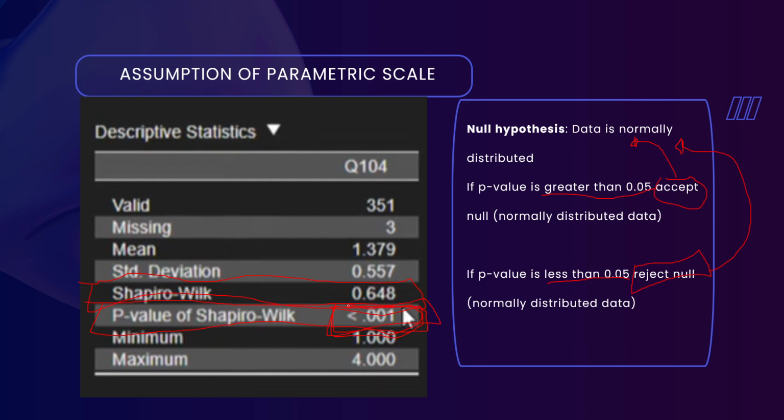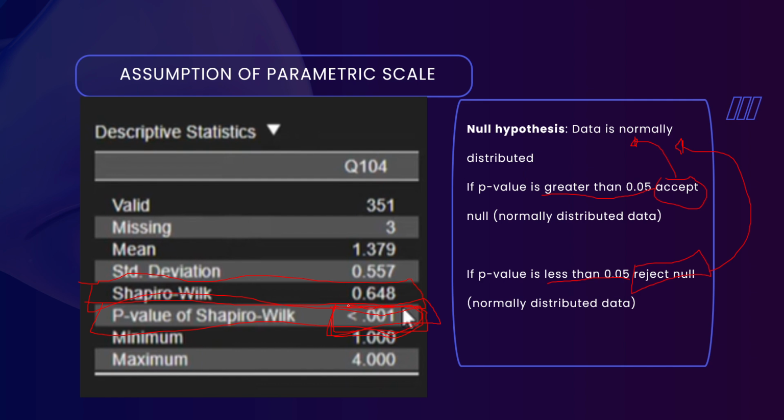Again, let me repeat: the higher the p-value for Shapiro-Wilk, the more normally distributed the data. But the lower the p-value of the Shapiro-Wilk, the lesser the chance that it is normally distributed. Again, if the p-value is higher than 0.05, the data is normally distributed.